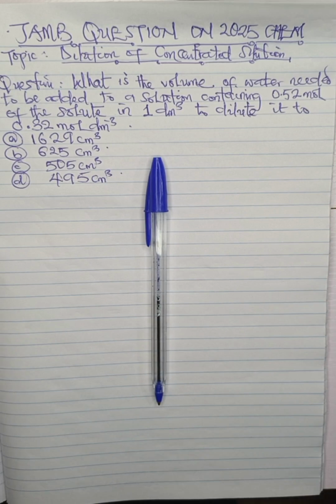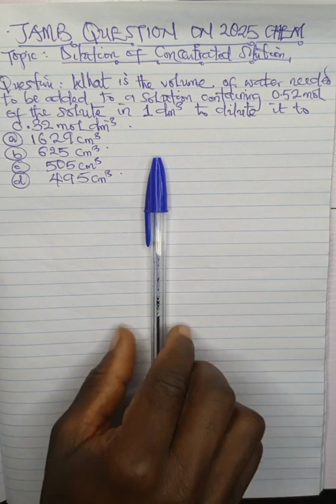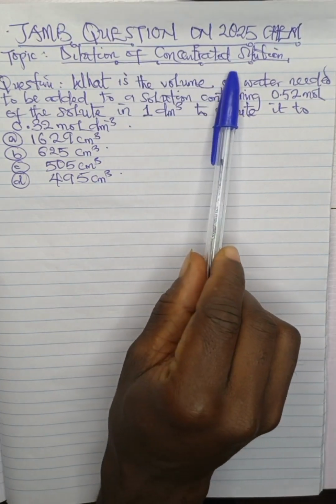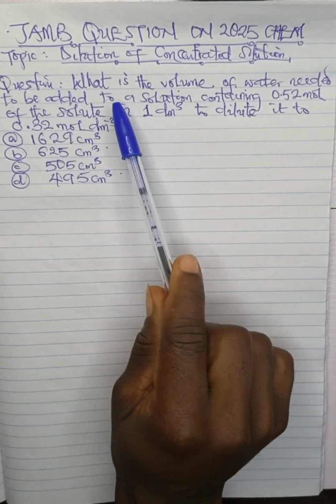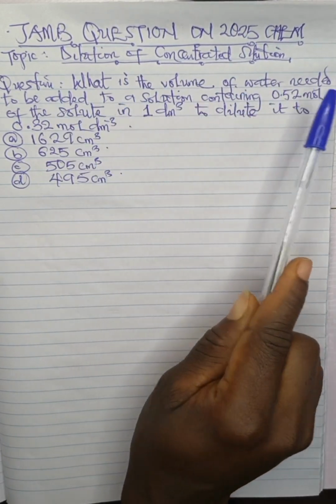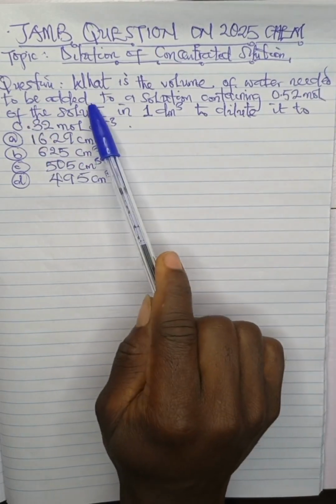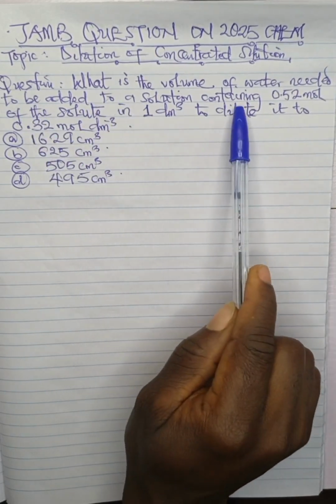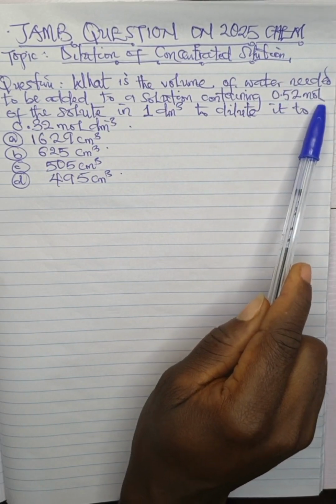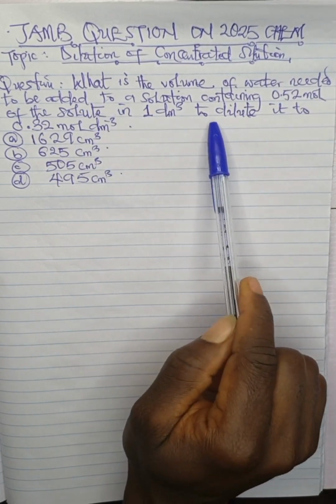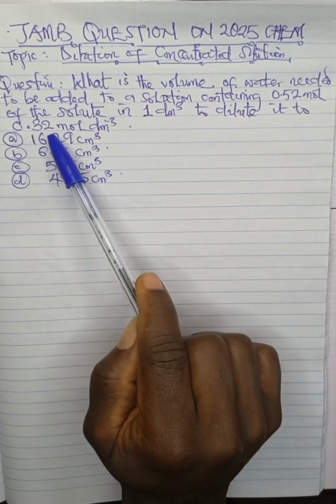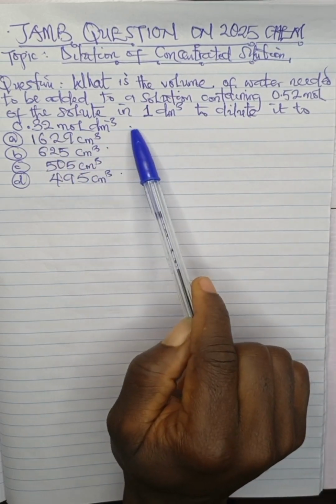Today we are going to look into a JAMB 2025 chemistry question from the topic, dilution of concentrated solution. The question reads: what is the volume of water needed to be added to a solution containing 0.52 mole of the solute in 1 dm cube to dilute it to 0.32 mole per dm cube?